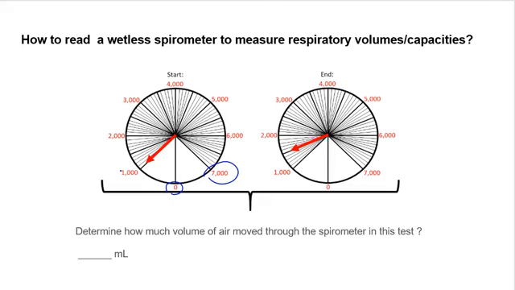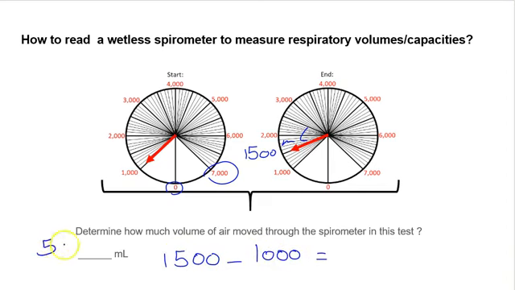For example, if after exhalation the needle is at 1,500 ml, then how much is the volume of air moved through the spirometer in this test? You should subtract 1,500 minus 1,000.